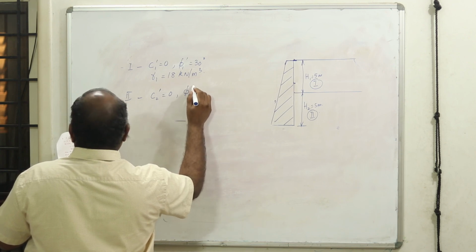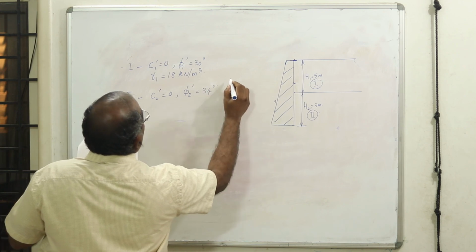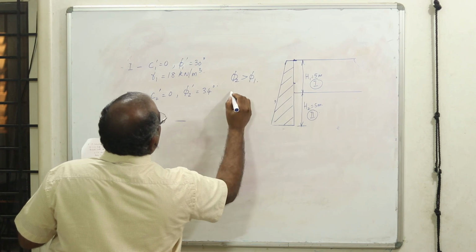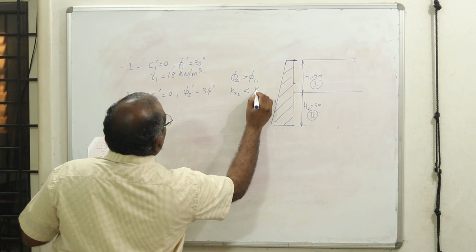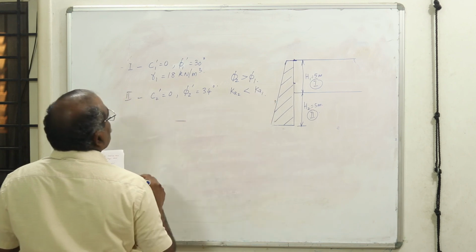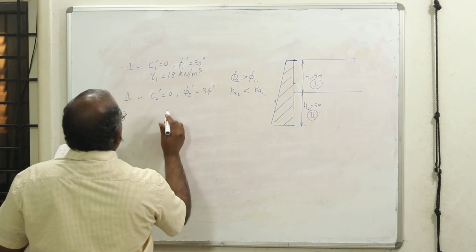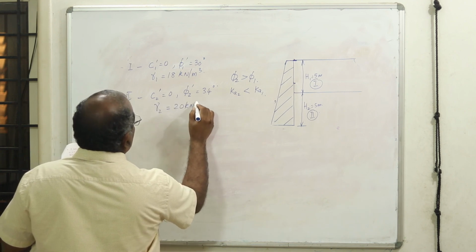The phi 2 value is equal to. Now here what is happening? Phi 2 is greater than phi 1. Therefore Ka2 is less than Ka1. Right? When phi is more, K will be less. Then gamma 2 is equal to 20 kilonewton per meter cube.